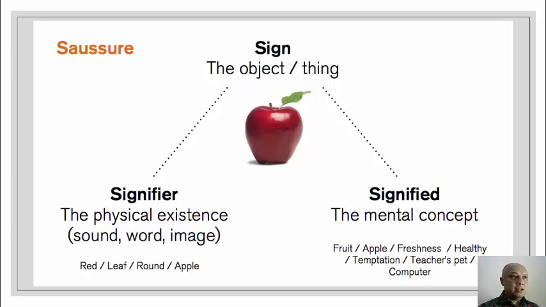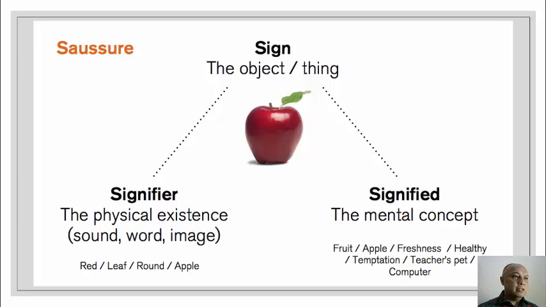So you have the sign here, that object, the red object with a leaf, that's the sign. And then you have the signifier. The signifier is actually the physical existence of sound, or image, or the written form, things that we produce through language.